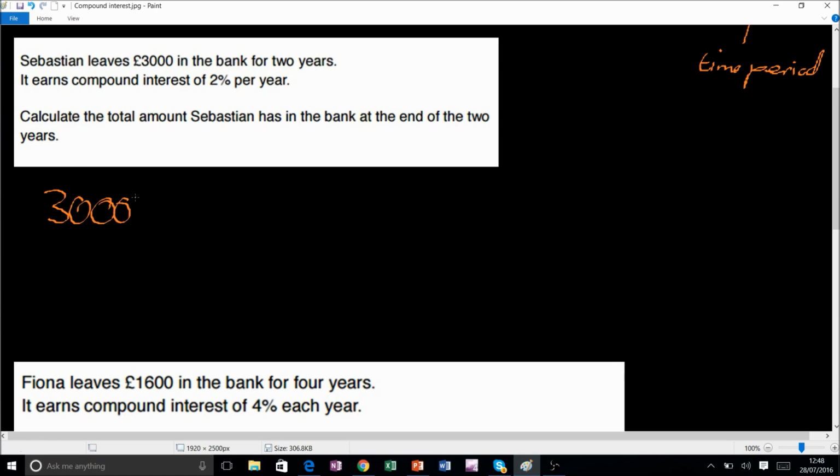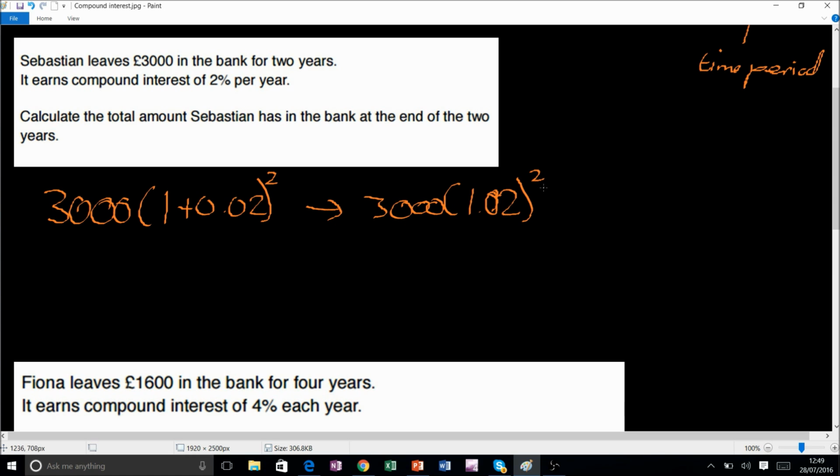So our A is 3,000, brackets 1 plus I. Our I is 2%, which is 0.02, and n is 2, so to the power of 2. So that is basically 3,000 brackets 1.02 to the power of 2, because it's for 2 years.